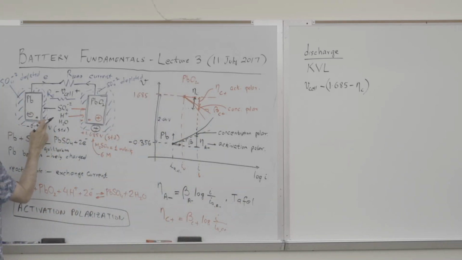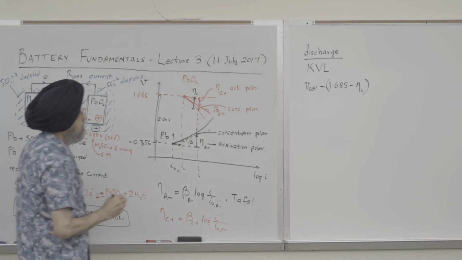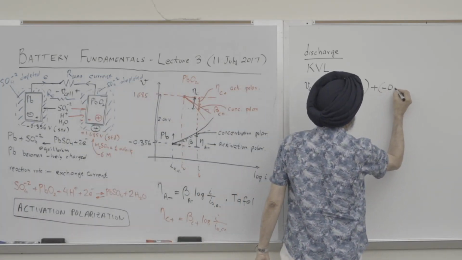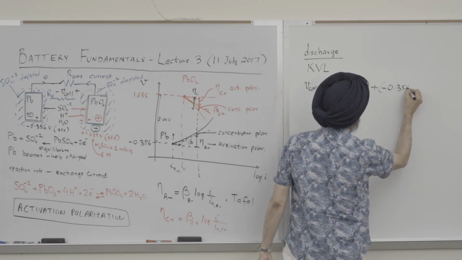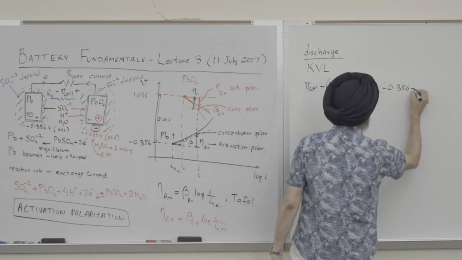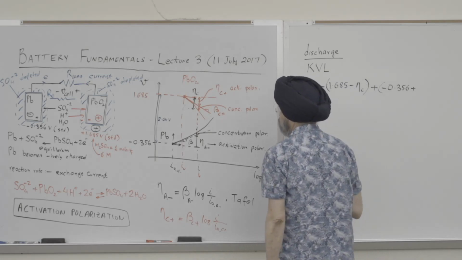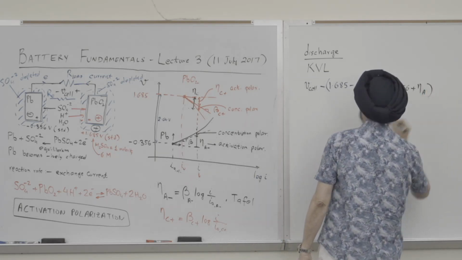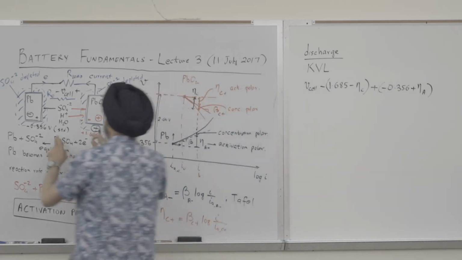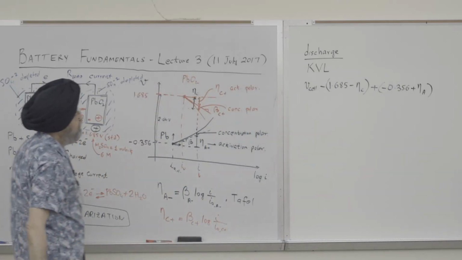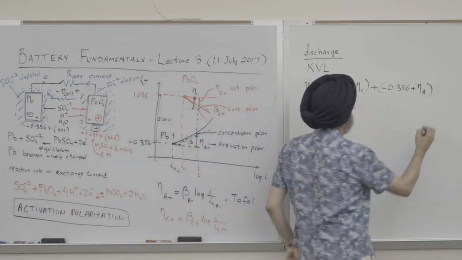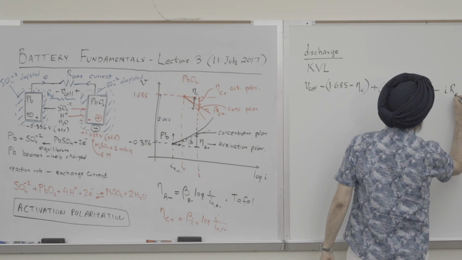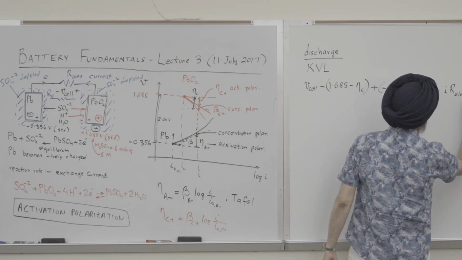I go from negative to positive, so I have to add, except I'm adding a negative term. And to this negative term, I add an eta A. Oh, I forgot, in between we have IR. So in between over here, I write minus I times R electrolyte.